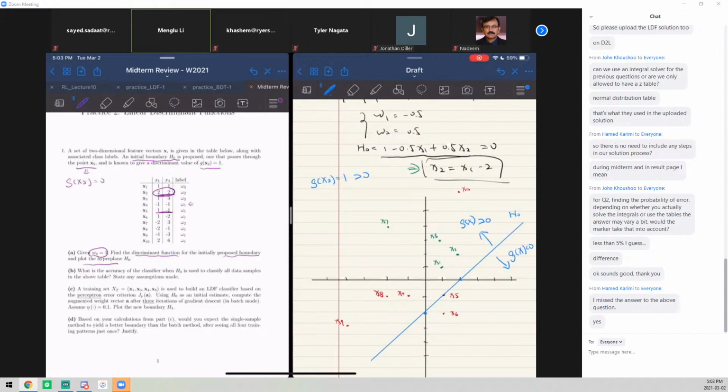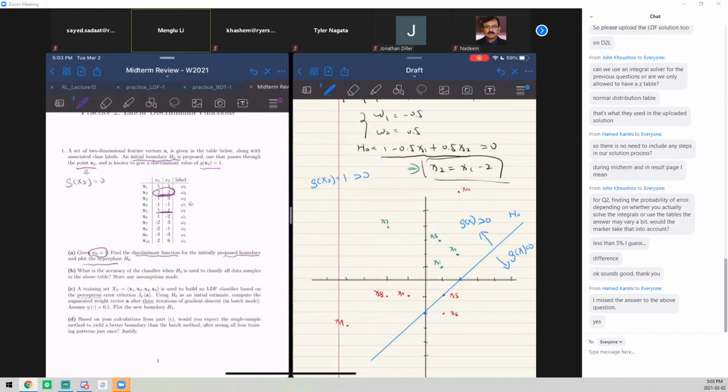Okay, so part B: what's the accuracy of the classifier? What's the accuracy if we use this boundary to classify all the points? And state any assumption made. So we just state our assumption first.